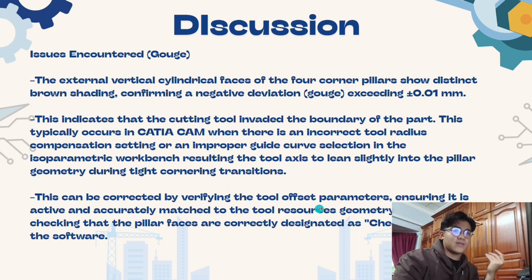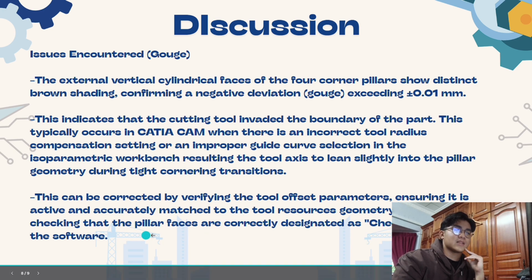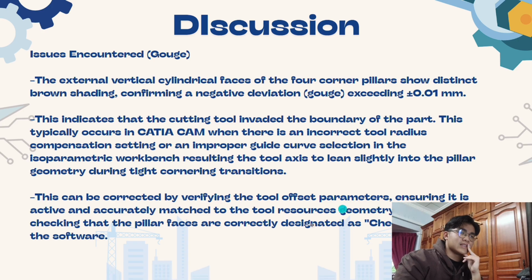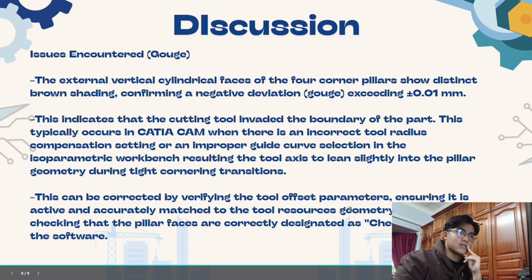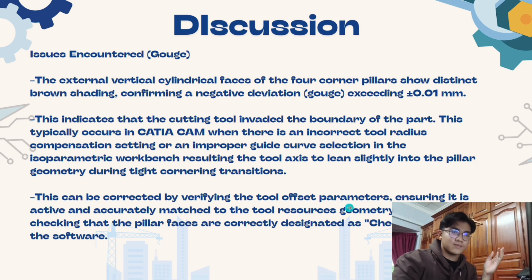This can be corrected by verifying the tool offset parameters, ensuring they are active and accurately matched to the tool resource geometry, and rechecking that the pillar faces are correctly designated as check surfaces in the software. So either we reset the offset parameters, or we can use the check features when we are doing the profile contours to overcome the issues.